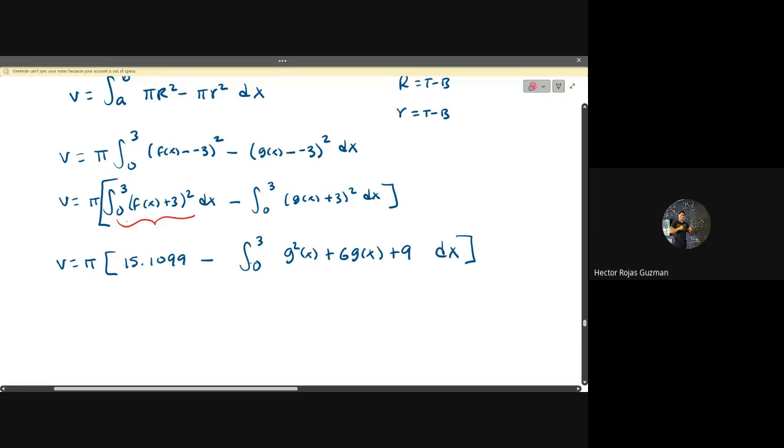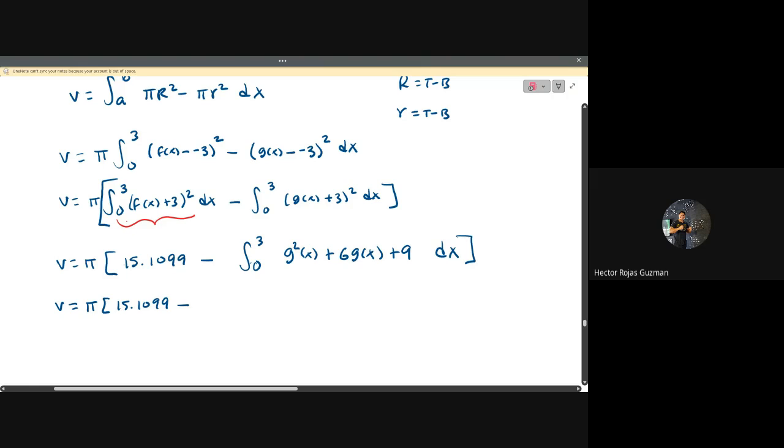Now this is going to get a little messy, but you have to keep writing everything down. This is 15.1099 minus this whole polynomial. You can think of it as 3 separate integrals.